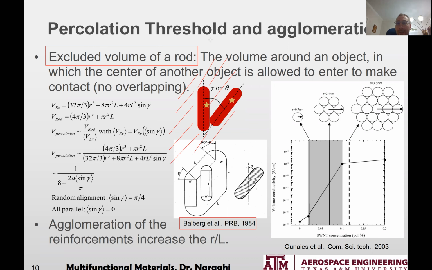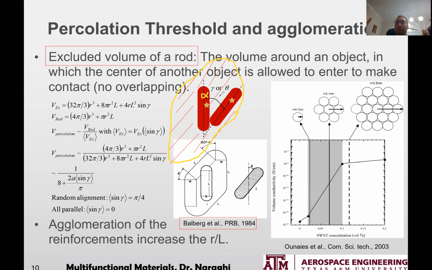So then I can define an area, but in 3 dimensions it will be a volume. I can define an area like this, which I call the excluded volume of particle 1.